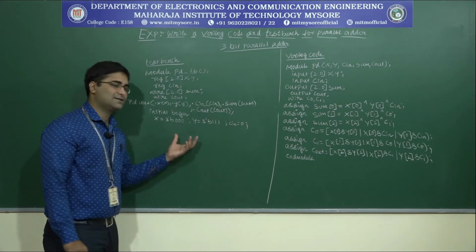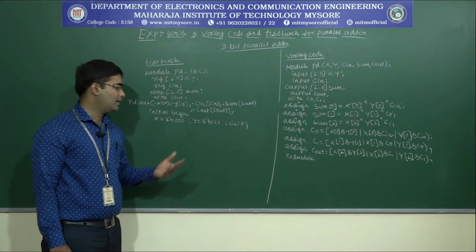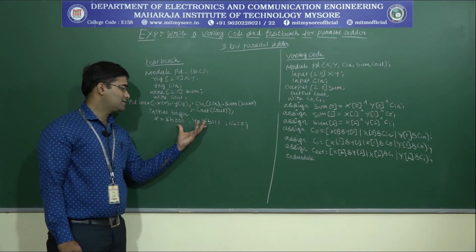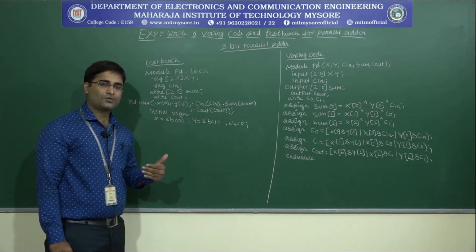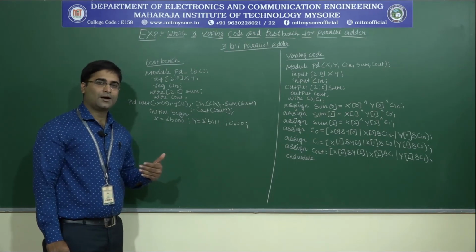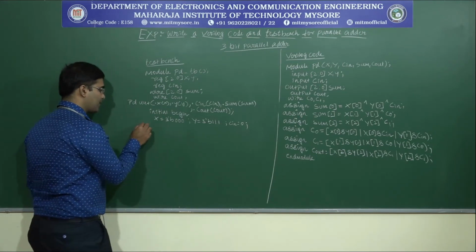If we simulate this, the output would be an addition of these x and y of 3 bits, where you get the output in terms of sum and in terms of the carry out.